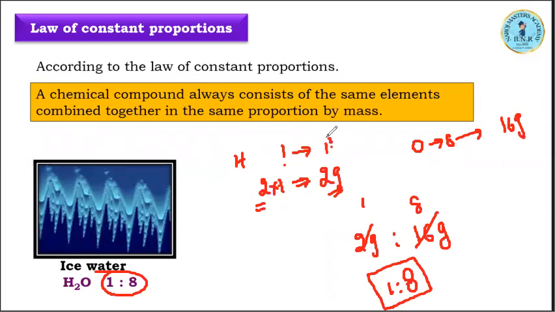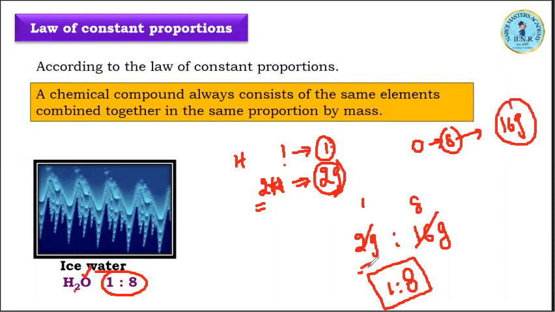The atomic mass of hydrogen is 1 gram. With 2 hydrogens, 2 into 1 is equal to 2 grams. For 2 grams of hydrogen, how many grams of oxygen are required? The atomic number of oxygen is 8 and its mass is 16 grams, and there is only one oxygen.